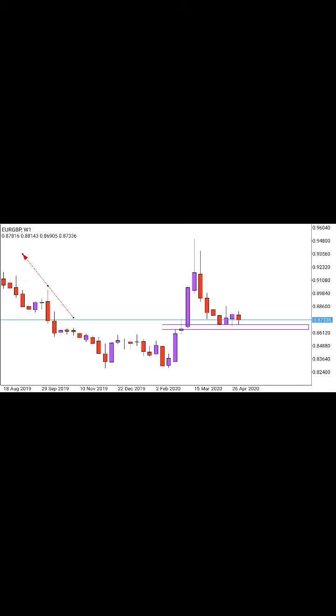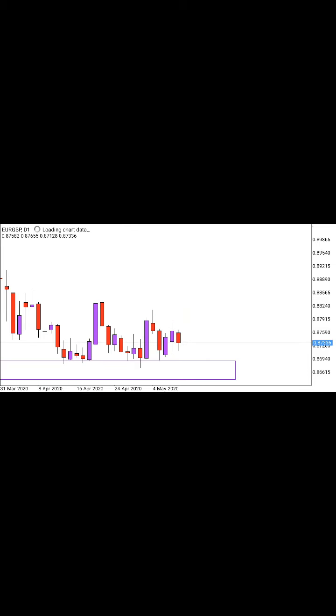And it closed at 0.87336, slightly below the open price. So in this case, the highest is only around 30 pips, which means there are still sellers pushing.